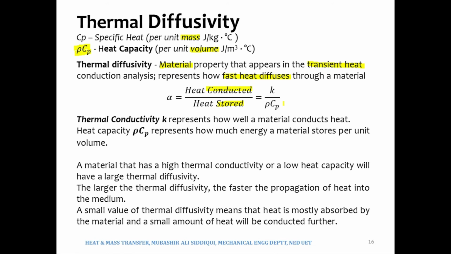Because it is getting energy from some source, and that source is steam, and the pipe is in fact storing energy. So whenever there is a storage of energy, either in negative terms or positive terms, the temperatures will not remain the same. This is a very important point. And if the temperatures do not remain the same at a particular point, at a particular position, that would be the case of transient heat transfer.